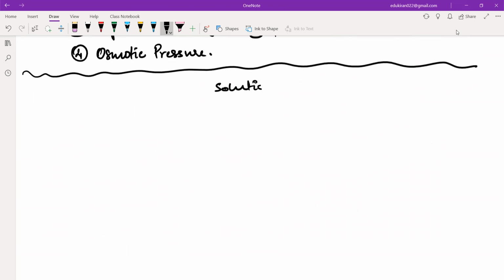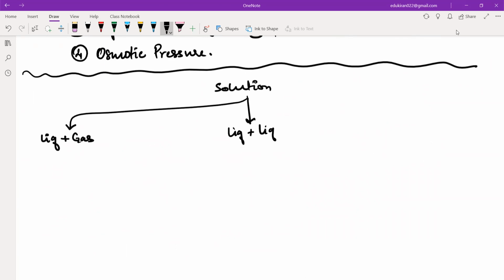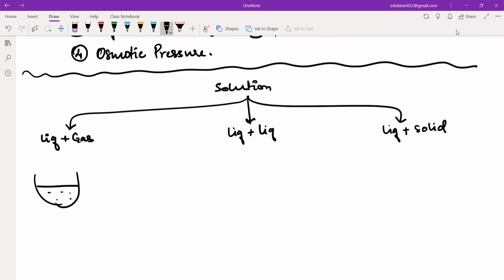So in solutions, we have seen till now solutions in which the solvent is liquid and the solute is gas. We've also looked at solutions in which the solvent is liquid and the solute is also liquid. And also there are solutions in which we can have liquid solvent plus solid solute. If we have liquid and gas, then in that type of solution we'll be having some vapor pressure.